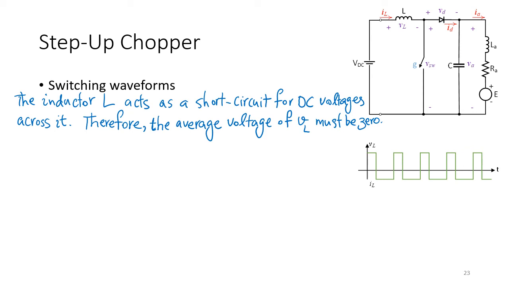So it means if this point is T on, and this point is T, the area of this part should be equal to the area of this part. And the voltages here were VDC, and here VDC minus VA.